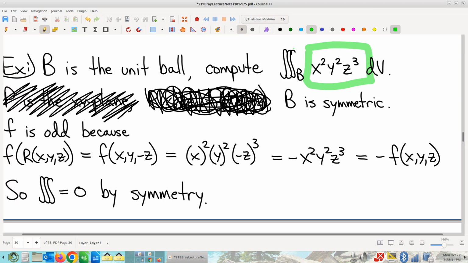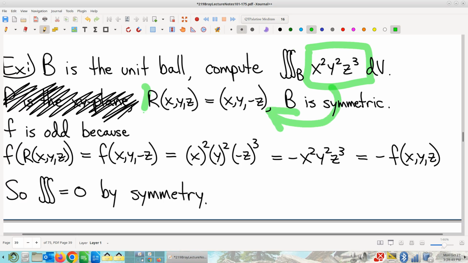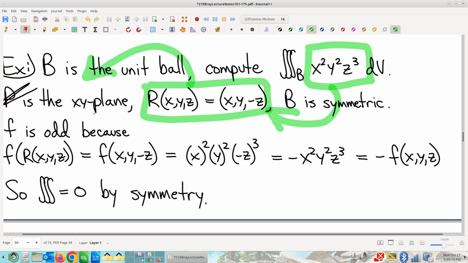I would like to negate the Z. So this formula motivates that I want this formula for my reflection. Everybody say that's a kind of strategic reverse engineering, right? Once I see, I wish that was my formula for reflection, then I have to ask, well, is that a reflection? And if this is a reflection, what is it a reflection through? You think about the picture, and well, that is a reflection through the XY plane, right?